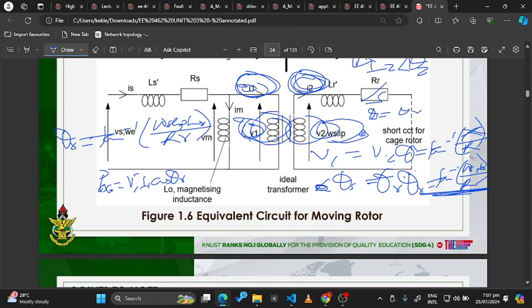So P_AG is equal to V1 I1 cos theta R. This is per phase. If you want the total, you multiply this by 3. Is that okay?